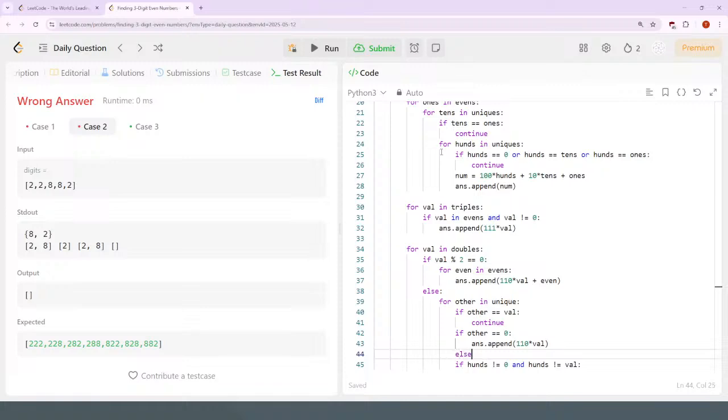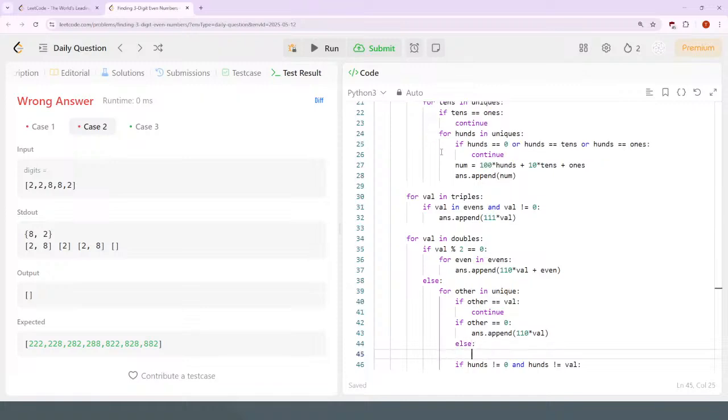Else, if it's not 0, then it can be used as, so we're dealing with evens, right? So the value is even. So if it's even, then you can do anything as the hundreds.